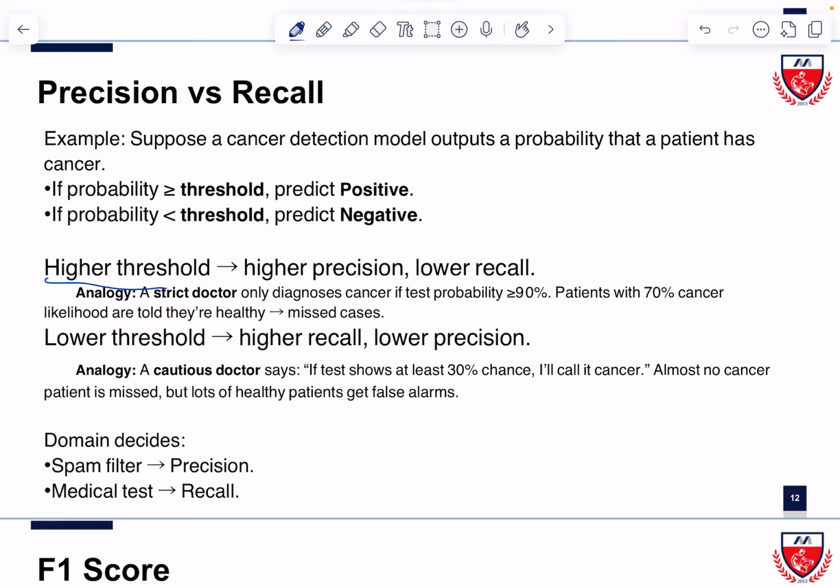There are applications that we use precision, and there are also applications that we use recall, and they are all very important. For example, in spam filtering, we use precision. In medical tests, we use recall because in recall, the false negatives are very costly. May mga cancer patients doon na kailangan talaga nating i-detect, right?